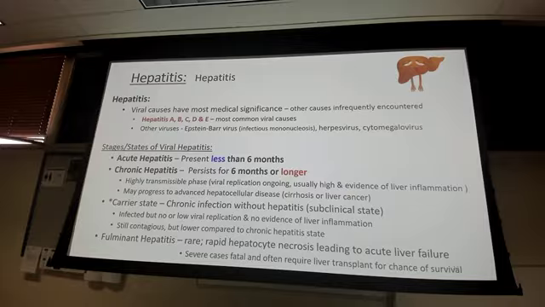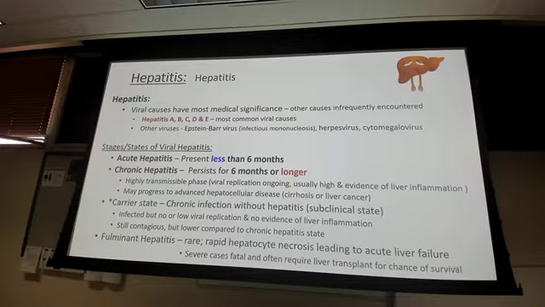Now with chronic hepatitis, because you have this infection, that virus is in the liver cells, replicating as much as it can. This stuff is very, very transmissible. If you get in contact with hepatitis that's in the blood or secretions, you have a potentially high likelihood of getting this infection as well.